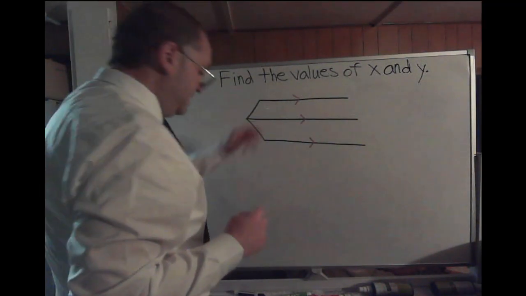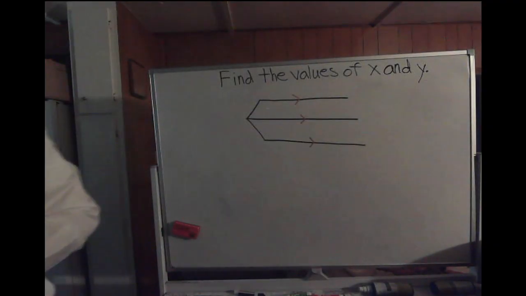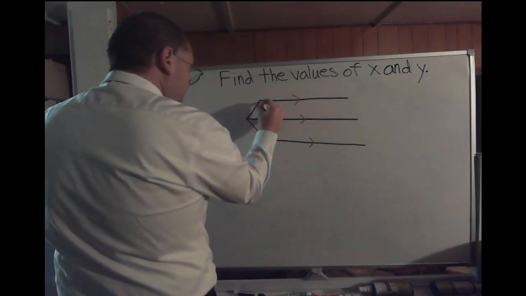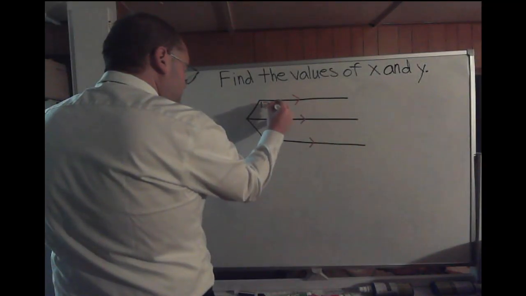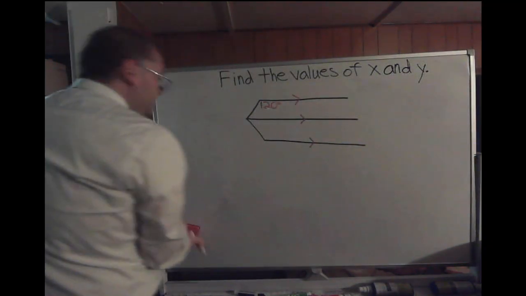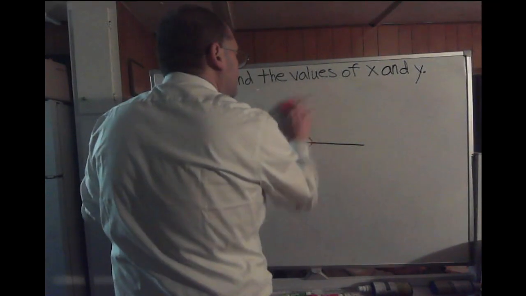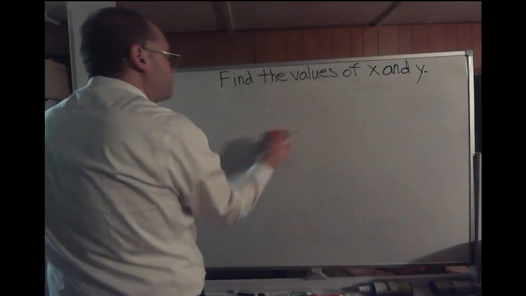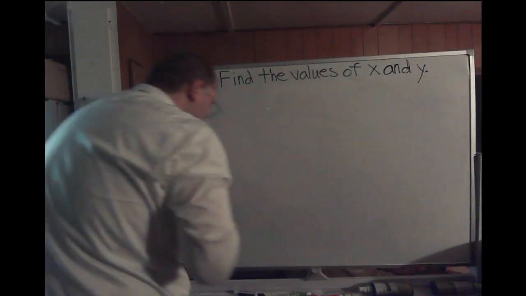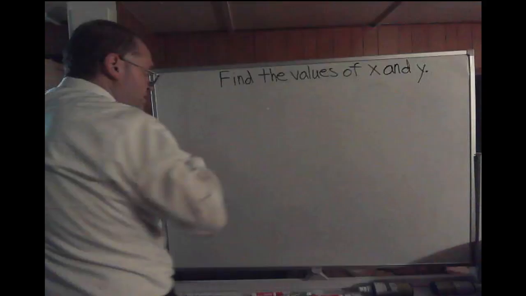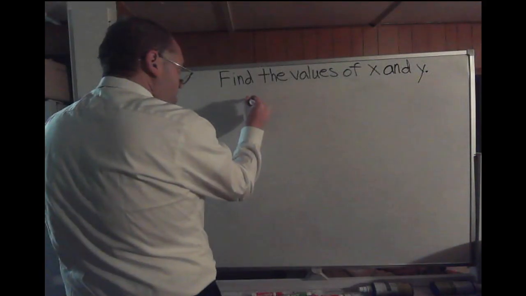We got 3 lines parallel to each other. We got to solve for x and y. This here is 120 degrees. You know, let me make this bigger so I can illustrate a little bit better. I think you need a clearer picture. Hold on a minute.